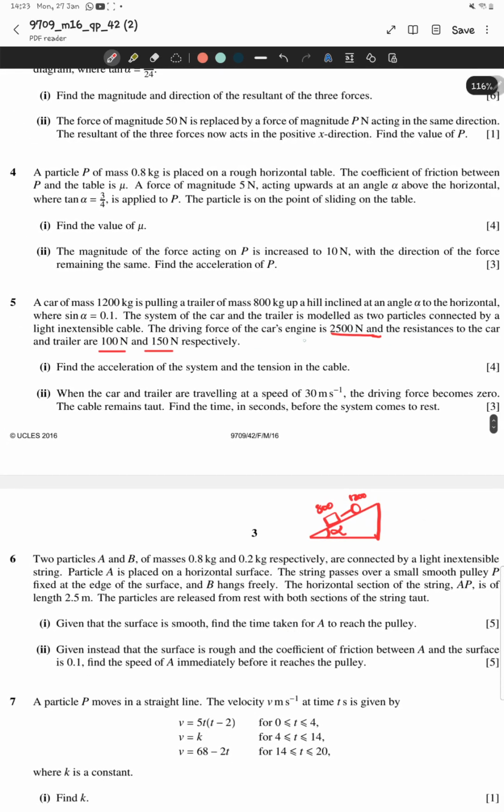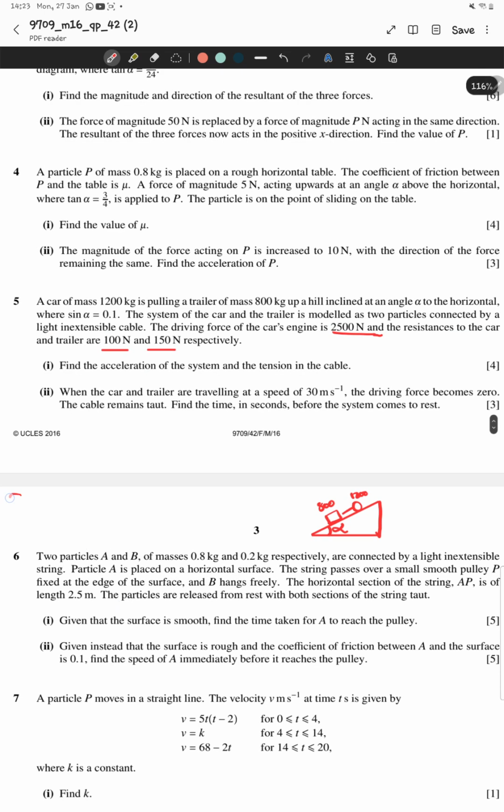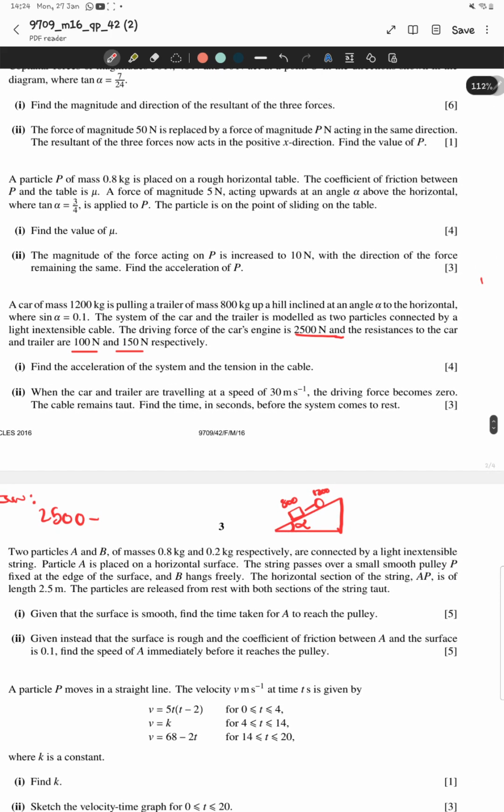It says that the driving force of the car's engine is 2,500, so we can make a force diagram, or solve for the forces on the car. So forward minus backward equals ma, right? Driving force, which is forward force, is 2,500 minus the resistance on the car, 100 newtons, and then there will also be a tension backwards. So minus T equals ma.